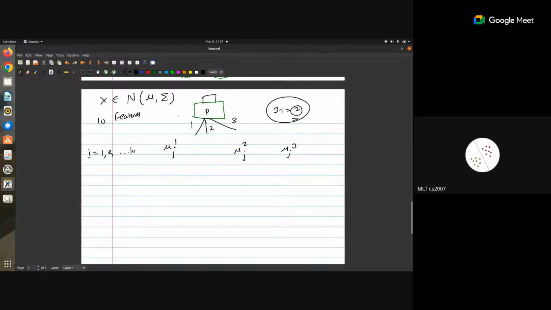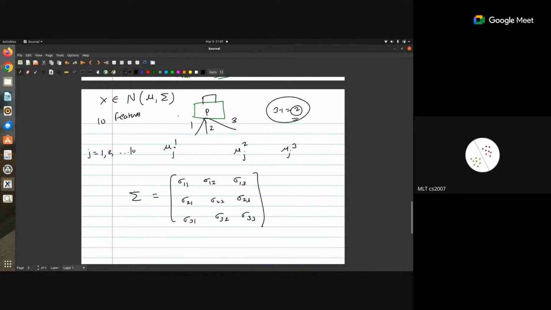What about the covariance matrix that we need to find out? A general covariance matrix will look like what? Suppose a 3 cross 3 matrix. So here we will have sigma 1 1, sigma 1 2, sigma 1 3, sigma 2 1, sigma 2 2, sigma 2 3, sigma 3 1, sigma 3 2, sigma 3 3.